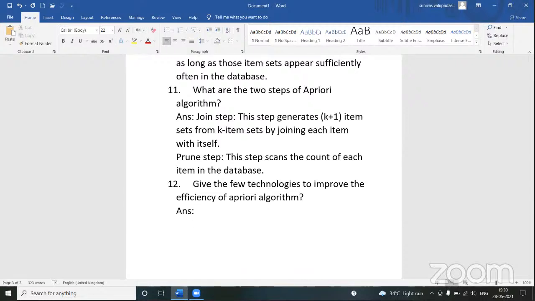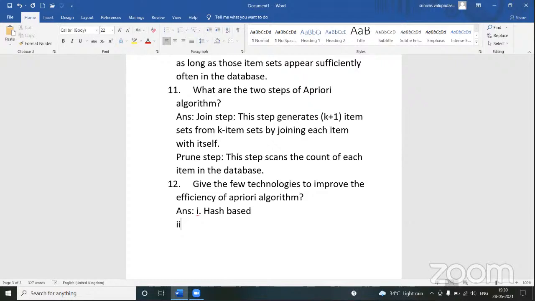So the technologies are: first one is hash based, in the sense it reduces the number of candidate item sets that are generated.